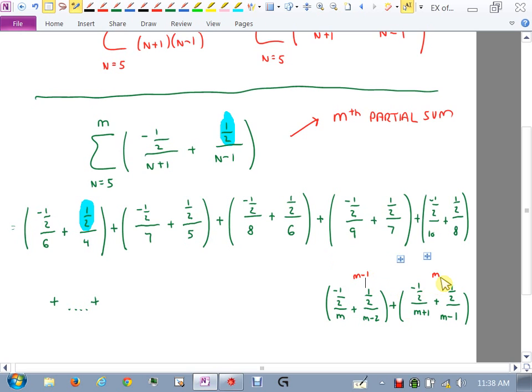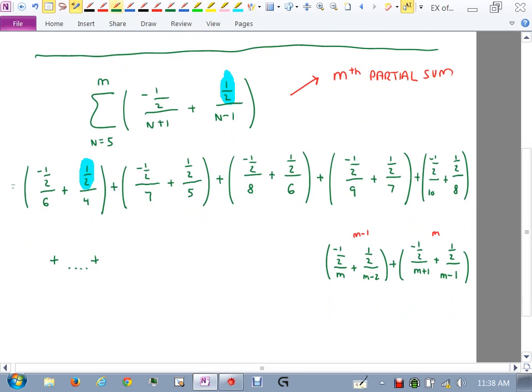Just to remind you what I'm plugging in to get these things. I'm going to go another one. This time I'm plugging in m minus 2. So I'll have negative 1/2 over m minus 1 plus 1/2 over m minus 3.